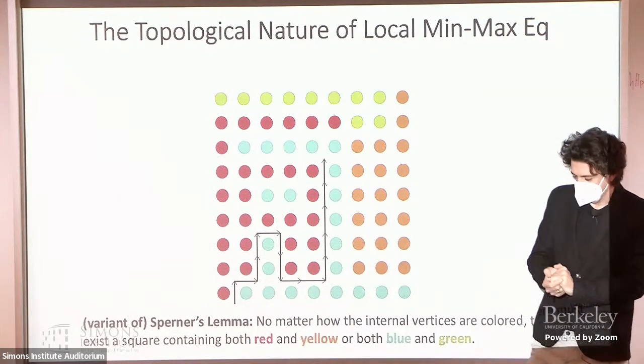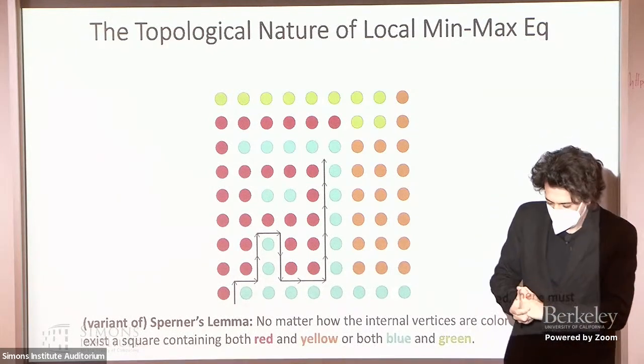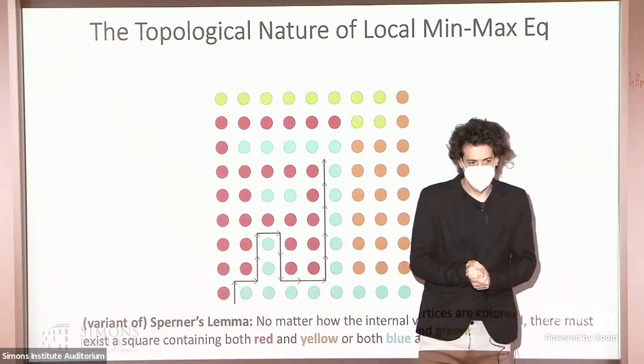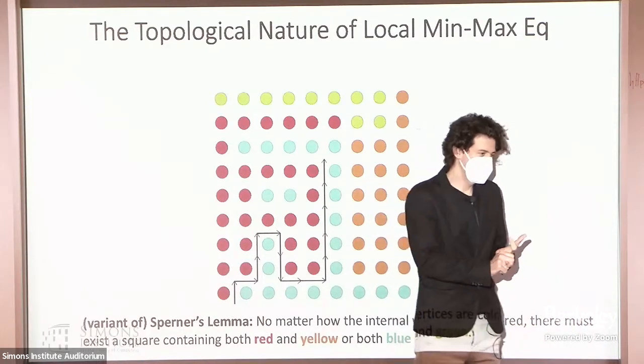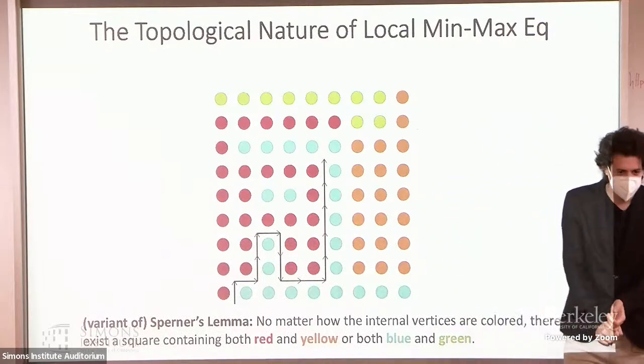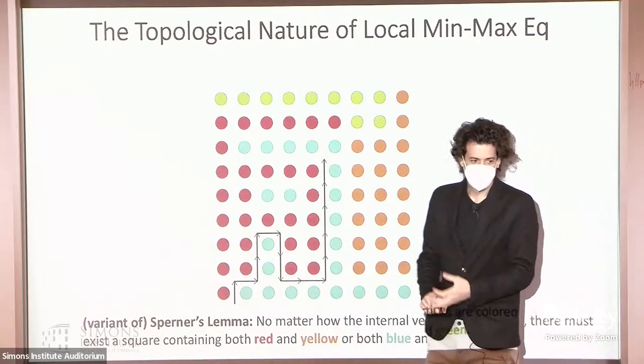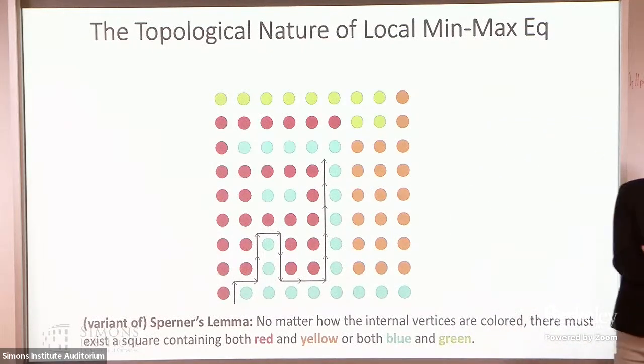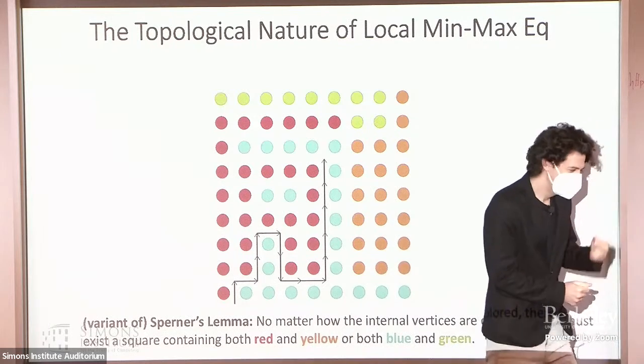Third observation I'm going to make is the following: no matter how you color a square with these four colors, that square can have either 4 red-blue doors, or 2 red-blue doors, or 1 red-blue door. You cannot have 3 red-blue doors, interestingly enough.